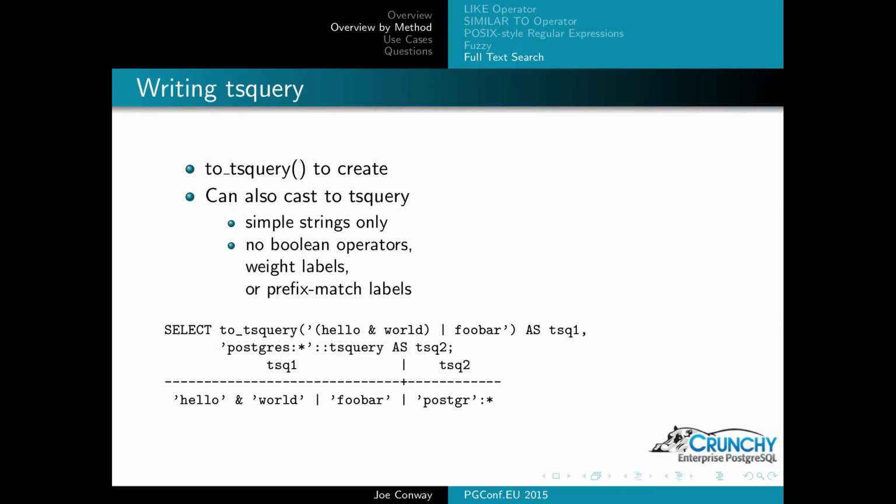So there's a function called to_tsquery. You can also cast a string directly to tsquery, but if you cast it, it'll only work with simple strings, and it doesn't support the Boolean operators or the weight labels or the prefix match labels. But if you use the function, it does support all that stuff. So if I take this string, hello and world or foobar, then it means I want to match something that has both of these words or has this word.